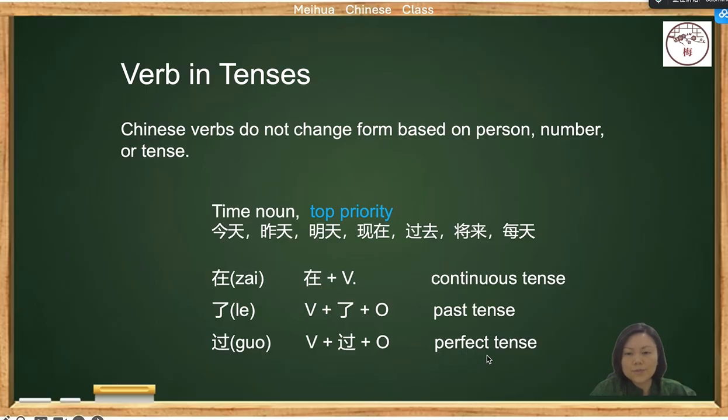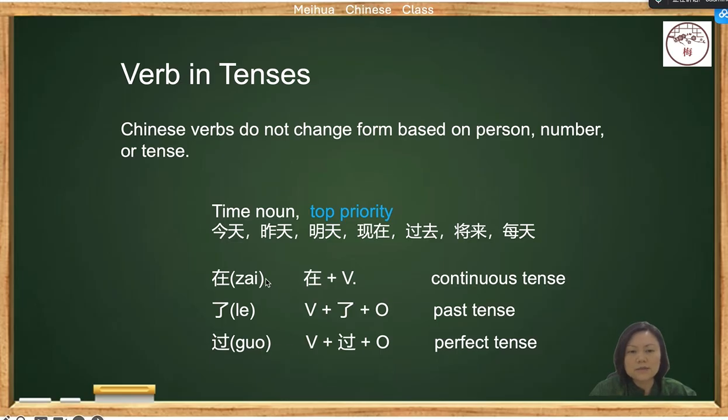For the perfect tense, which means something happened and is already finished in the past. For example, I've been to Japan. This thing happened in the past, right? And it's already finished. In Chinese, we use the character 过 after the verb, also before the object.